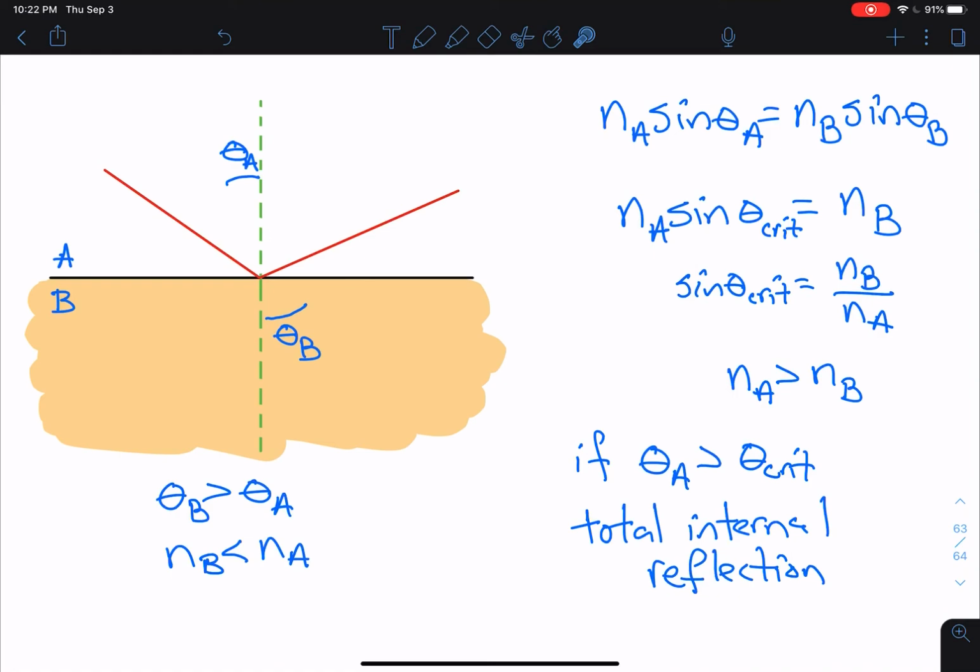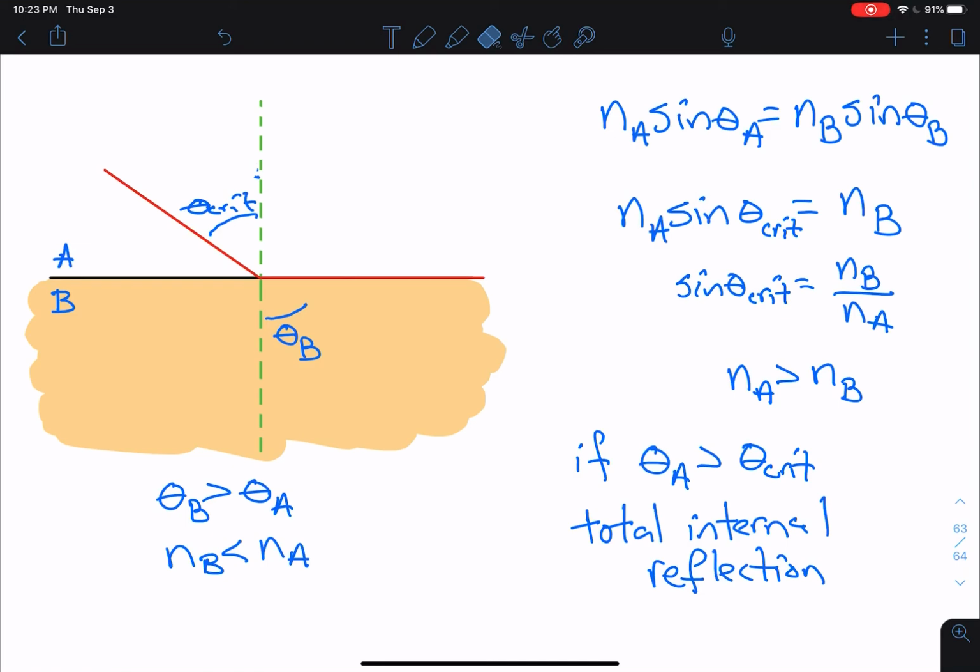But just to back up here, this angle where this occurs right here, whatever that angle is, that's the critical angle.